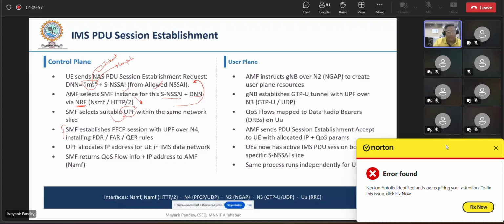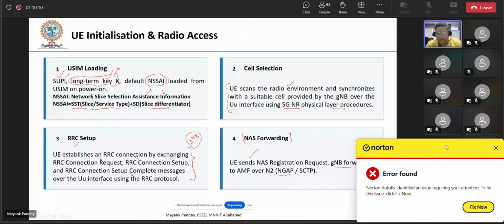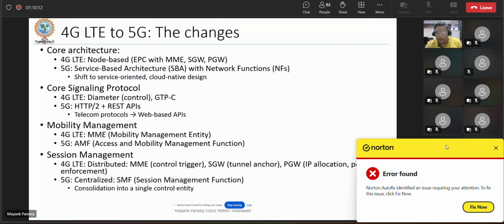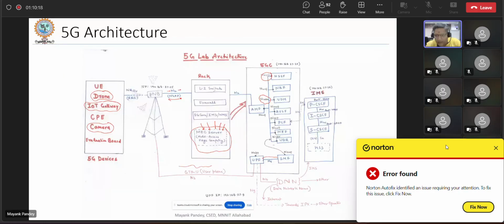SMF establishes a PFCP session with UPF over N4. I haven't shown N4 in my slides, but I'll tell you about it. SMF uses this interface because there may be many UPFs.